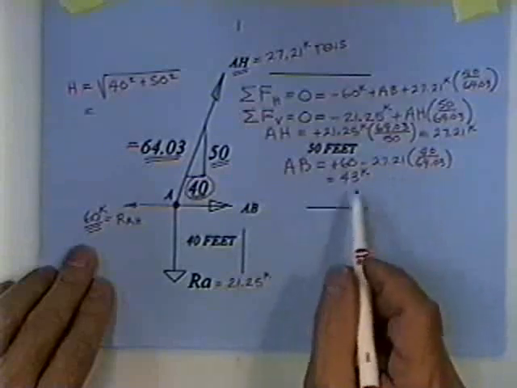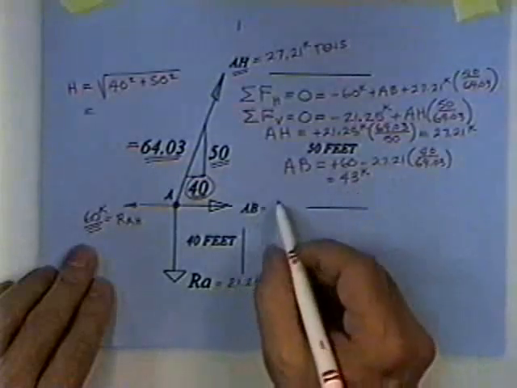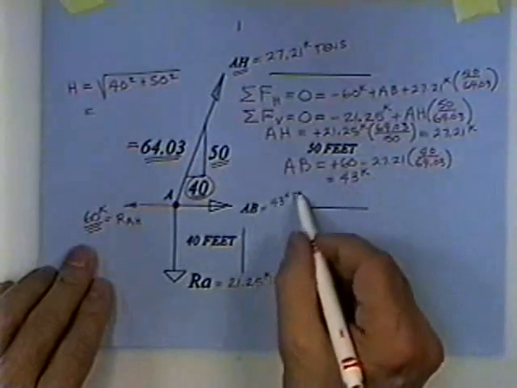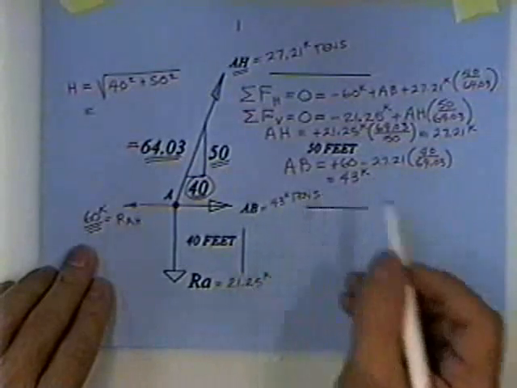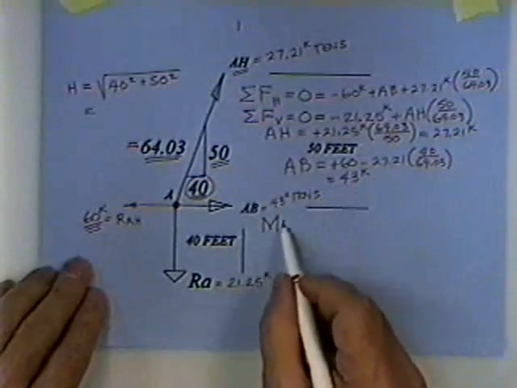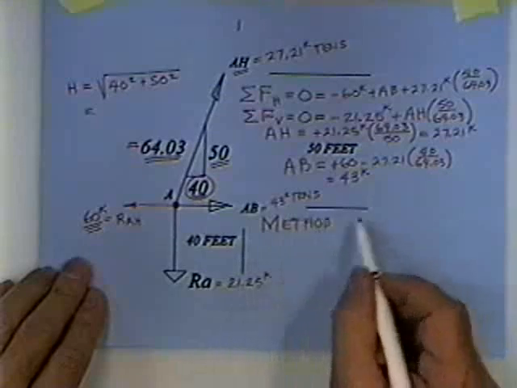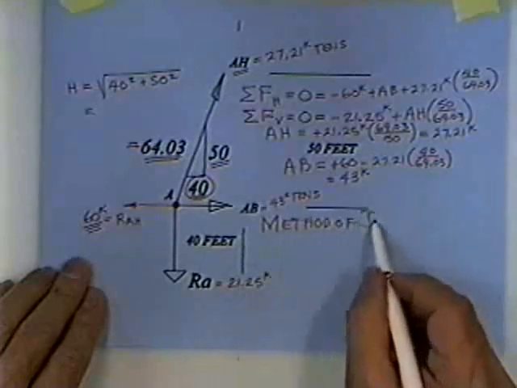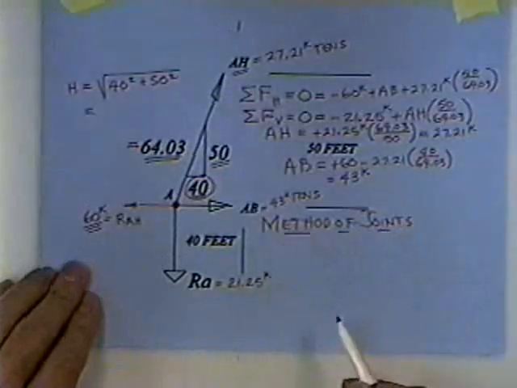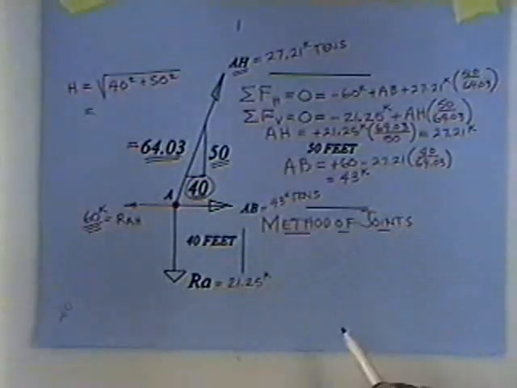All right, yes, plus sign. That means the arrowhead is correct. That means that it's 43 kips of tension as shown. Now that's called method of joints, because you isolated a mere joint out of the structure.